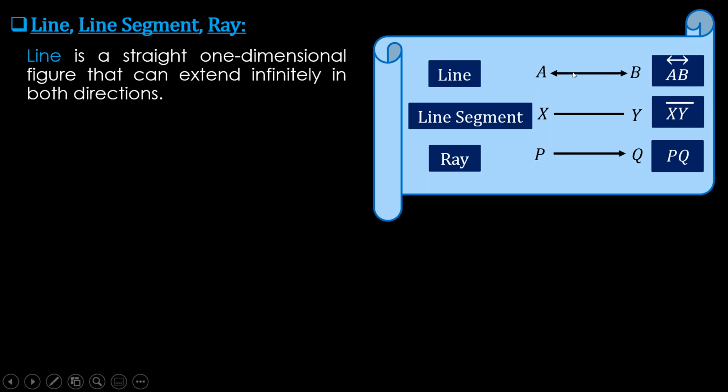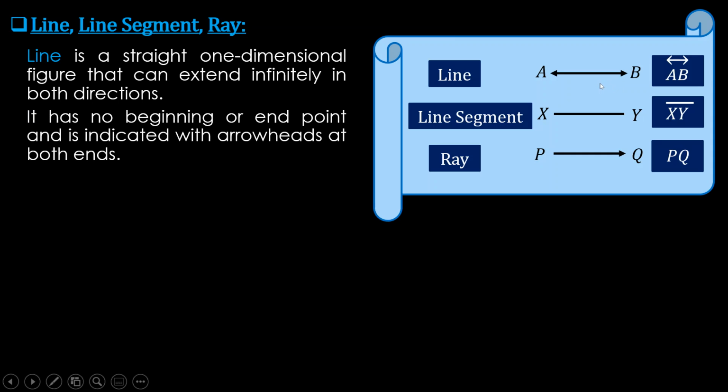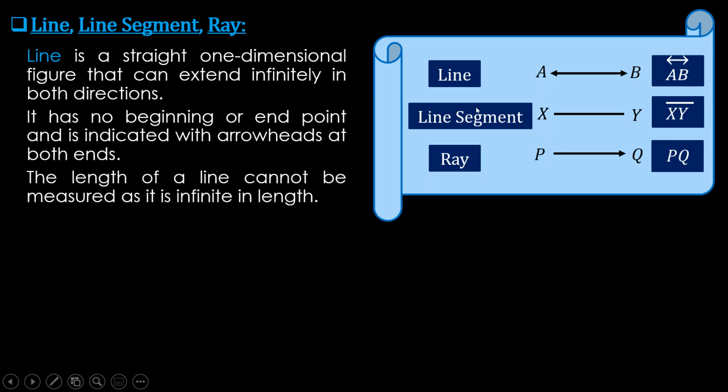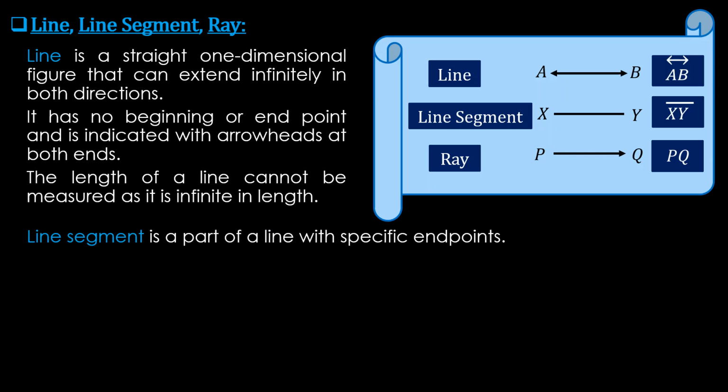It has no beginning or end point and is indicated with arrowheads at both ends. Next, the length of a line cannot be measured as it is infinite in length.